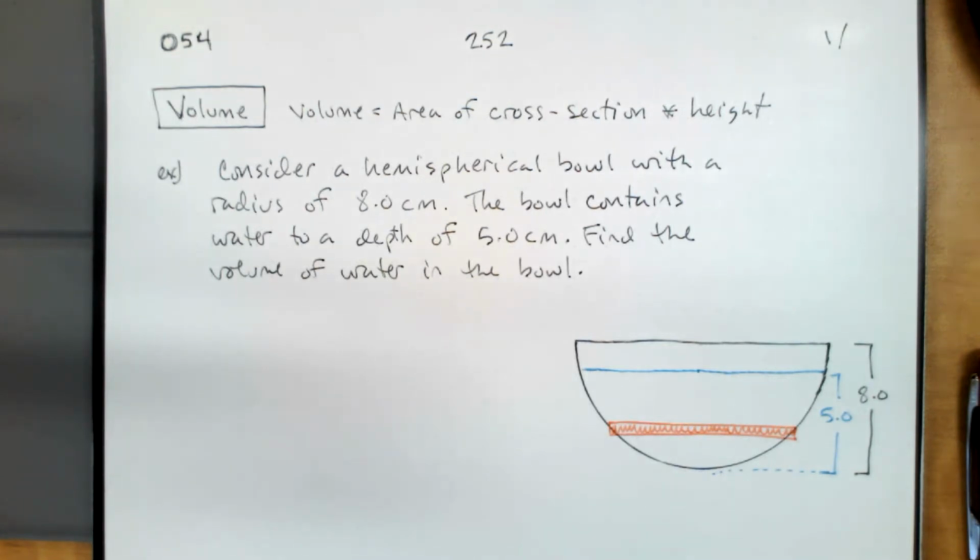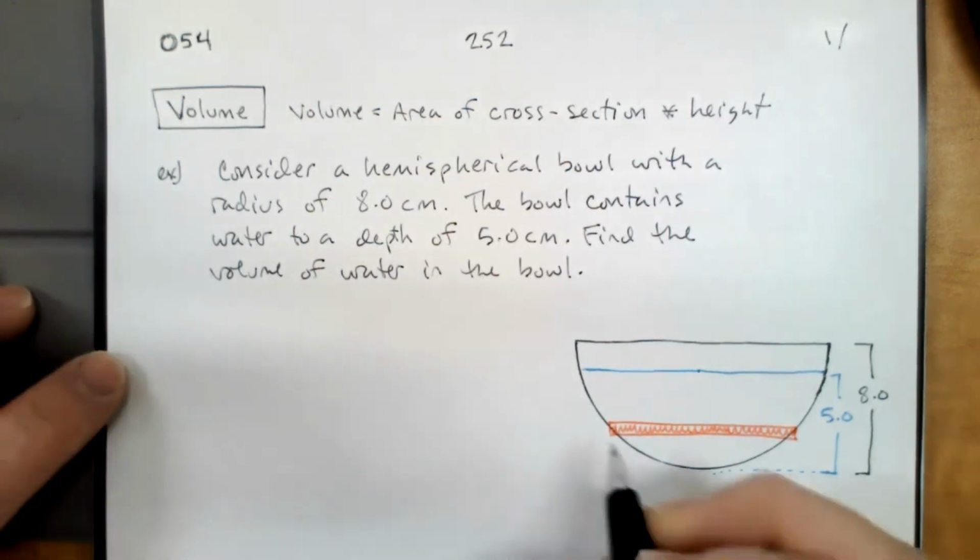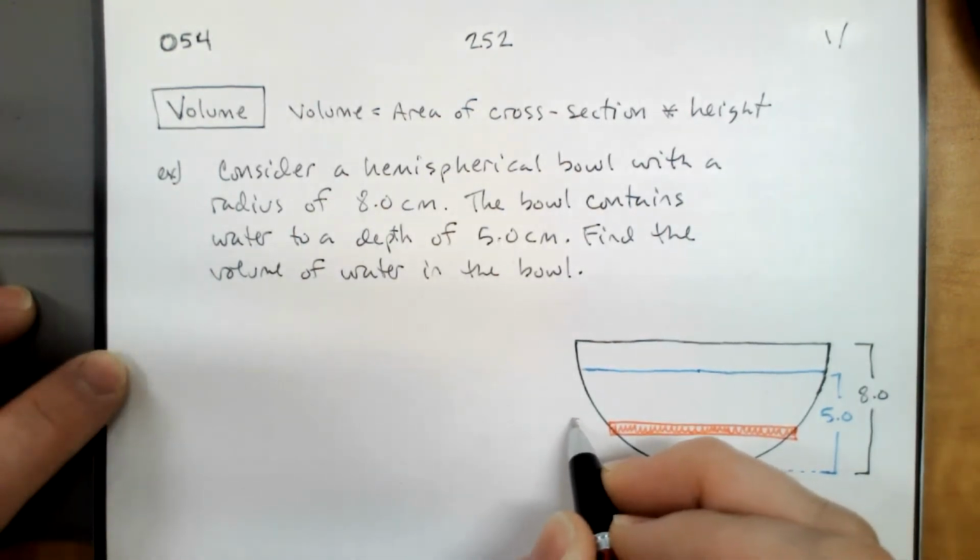Now, when I draw that slice, the area problems are always rectangles. But when I draw that slice, I have to think this is a slice from a hemisphere. So the height is going to be my delta variable.